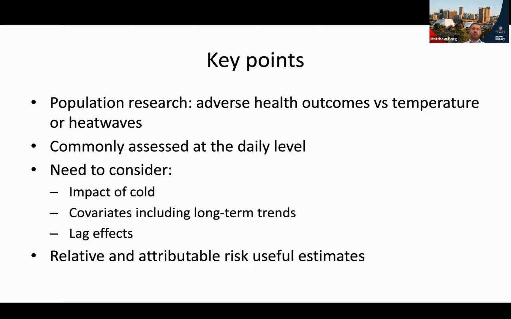You need to consider what we expect the exposure response relationships and the lag response relationships to be. These are commonly presented as relative risks and attributable risks, as useful estimates to show the risk for one value compared to another, the overall cumulative risk, or how many cases and how much risk are attributable to heat.